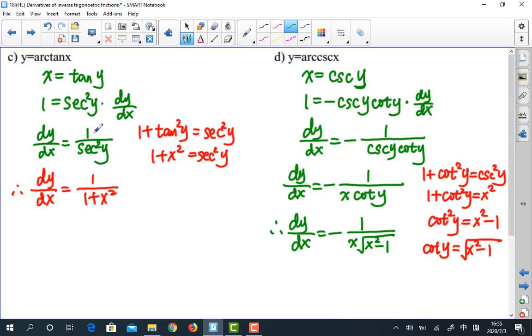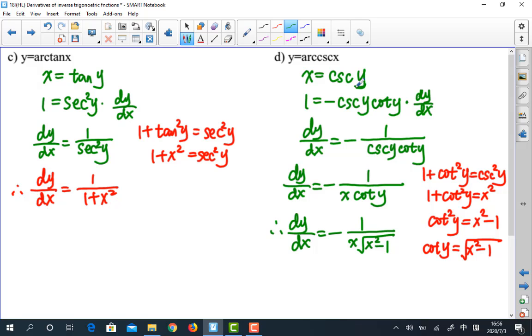So dy over dx equals 1 over secant squared y. Then secant squared y and tangent y have this relationship: secant squared y equals 1 plus x squared. Therefore, dy over dx, which is the differentiation of arctangent x, is 1 over 1 plus x squared.